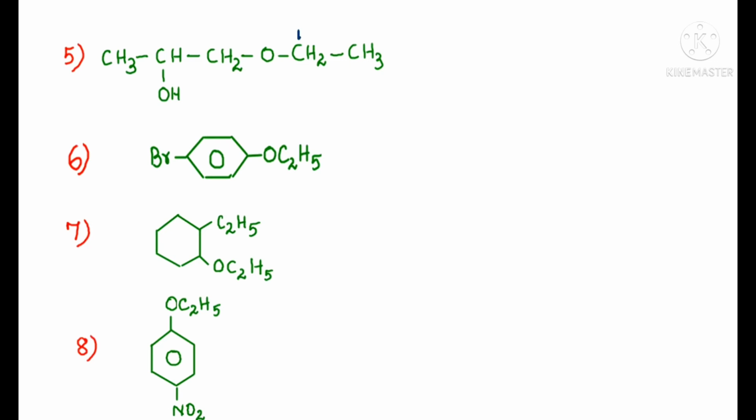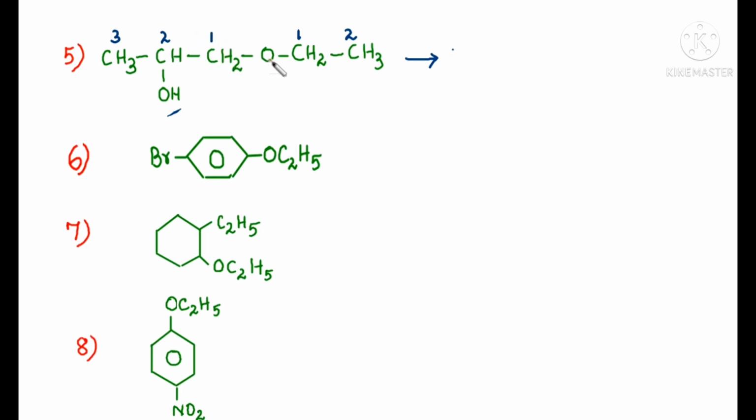This is 1, 2 for the ether. We should number on both the sides: 1, 2, 3. Understood? Now, how will you name this compound? Come on, tell me. This ethereal oxygen is attached to this ethyl, so ethoxy. Since a substituent is here, we should give the position of this ethoxy group. This ethoxy group is attached to the first carbon atom of the larger alkyl group, is it not?